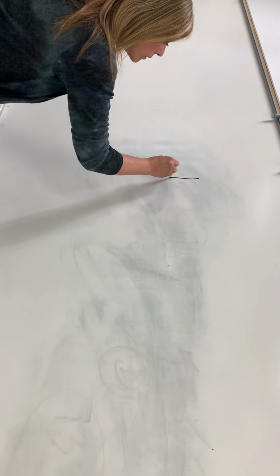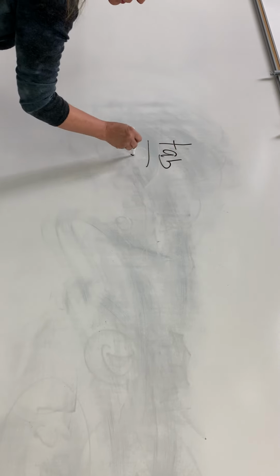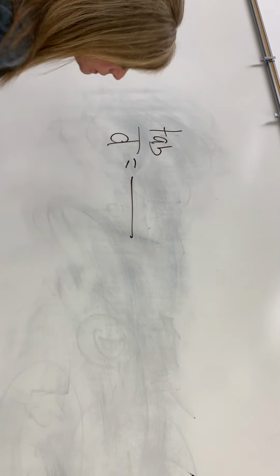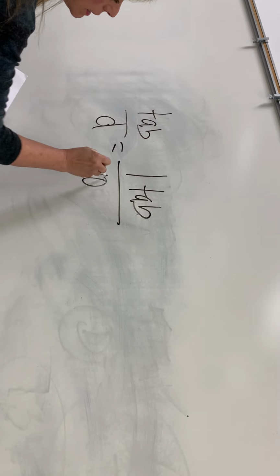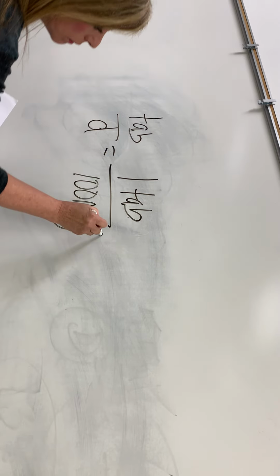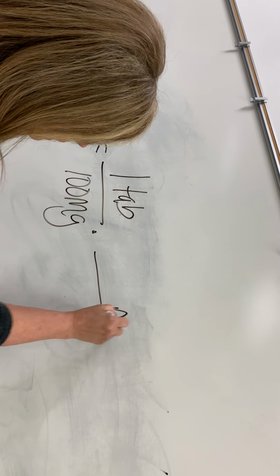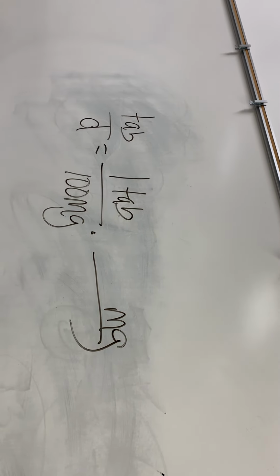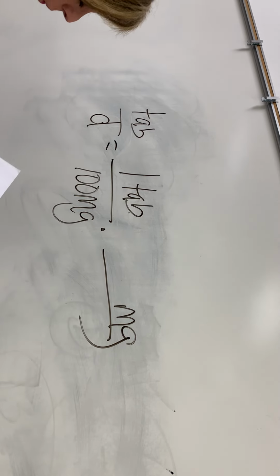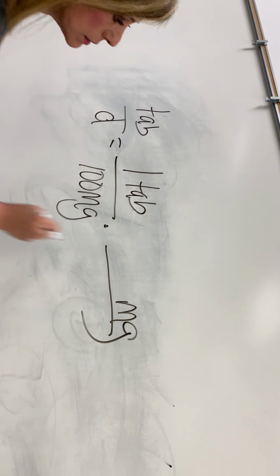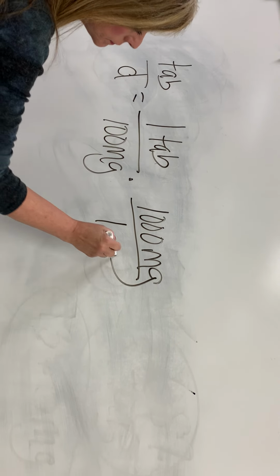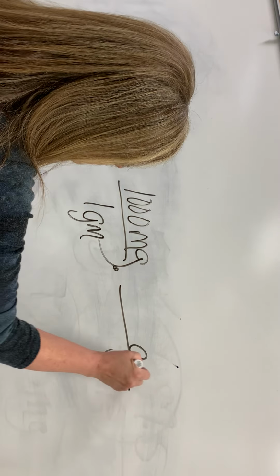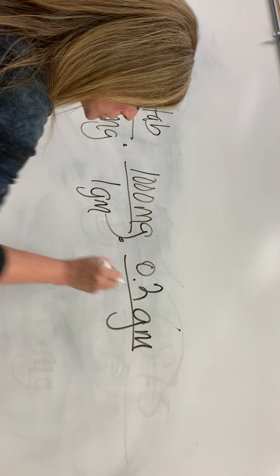So we're going to start off with our setup, which is going to be tab over dose. What did it say we have on hand? It says 1 tab is equivalent to 100 milligrams. Okay, this should be milligrams. But the physician has ordered 0.2 grams. So we know that there are 1,000 milligrams to 1 gram. And so this is going to be grams, and the answer is going to be 0.2 over dose.